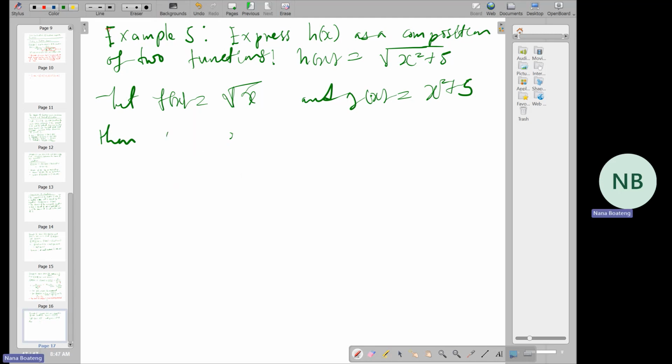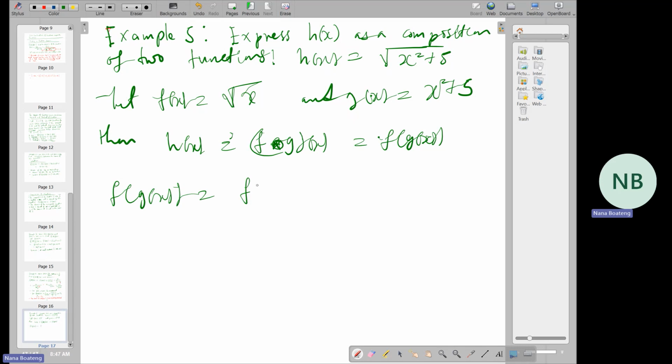We can say h of x is equal to the composition f of g of x, because f of g of x is f of x squared plus 5, and f is the square root of x, so this is equal to the square root of x squared plus 5.